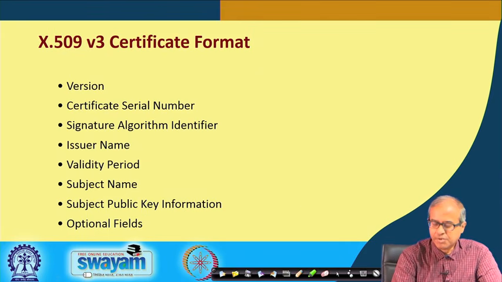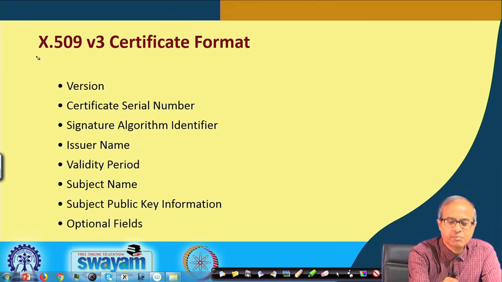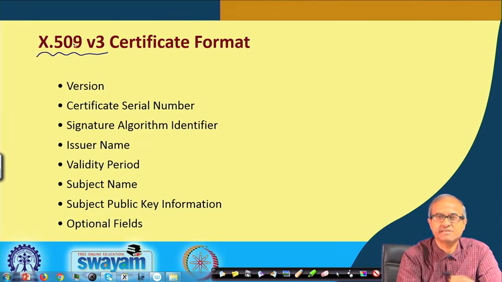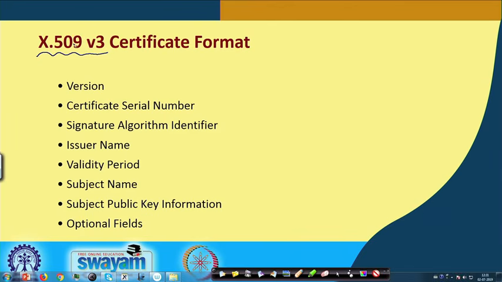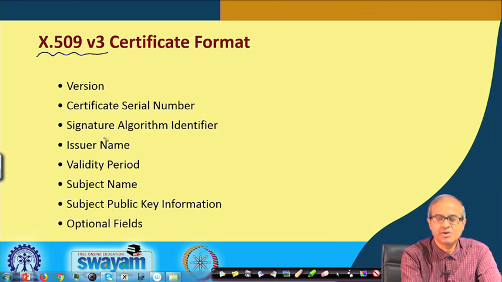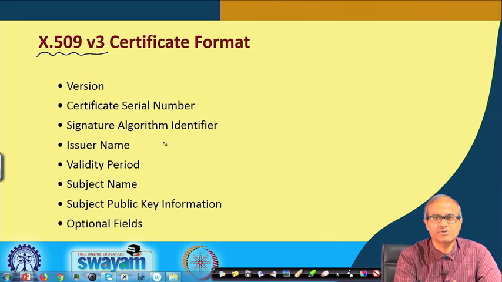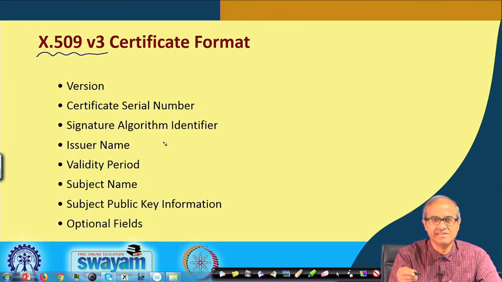So, I have talked about standardization. One of the commonly used certificate standards is X.509; version 3 is the most widely used. Among other things, the certificate contains the version, some serial number, and which signature algorithm is used, because you need to verify the signature, right.